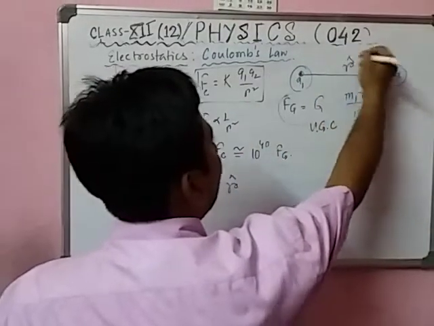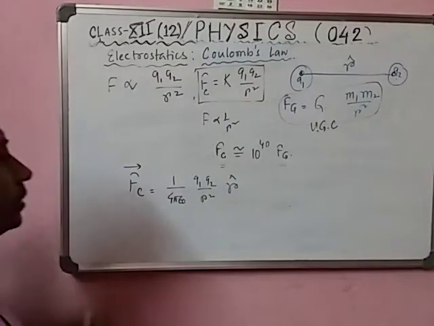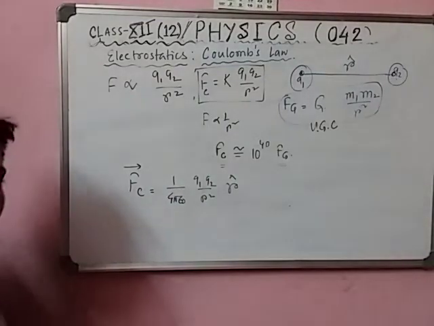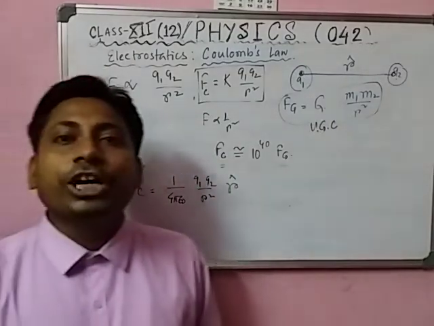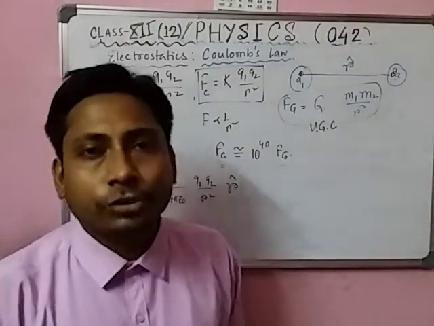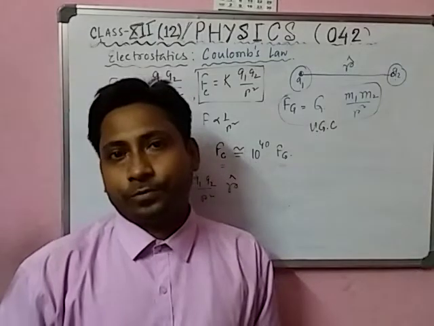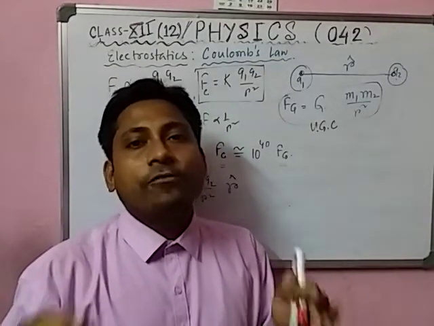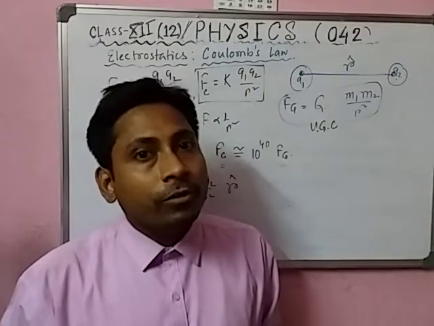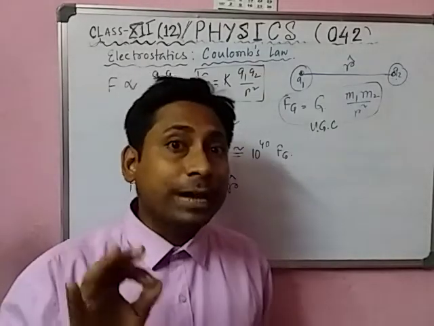This is the vector form, but whenever you are asked to write the vector form of Coulomb's law in terms of position vector, in the next video I will discuss the vector form of Coulomb's law in terms of position vector.